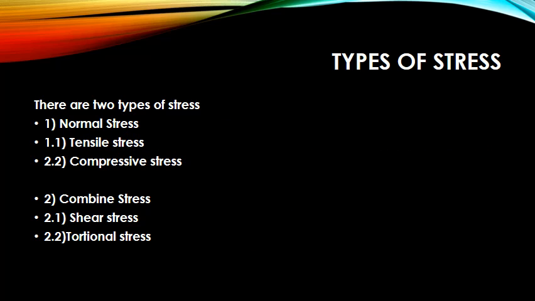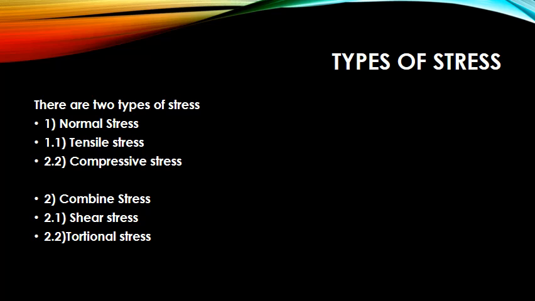After that, there are some types of stresses. There are two types: the normal stress and the combined stress. The normal stress is divided into two parts: the tensile stress and the compressive stress.